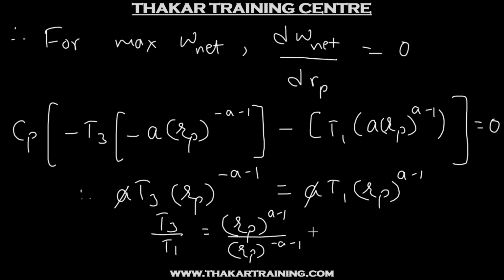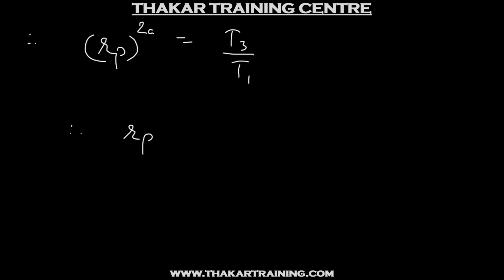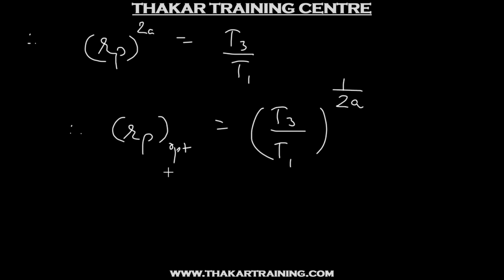By the law of indices, this will simplify to Rp raised to 2A. So we have Rp raised to 2A equal to T3 by T1. So Rp optimum will be equal to T3 by T1 raised to 1 by 2A.